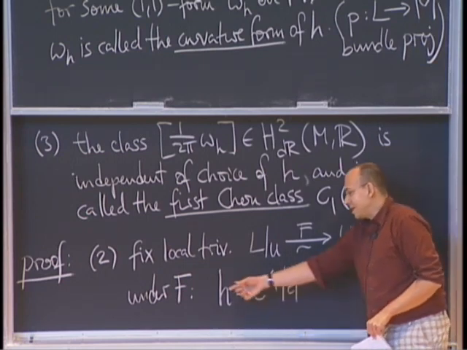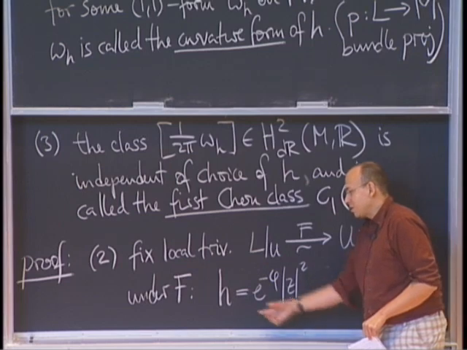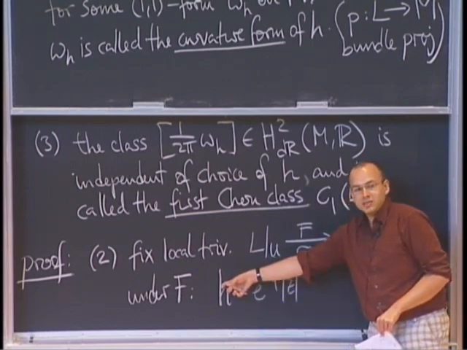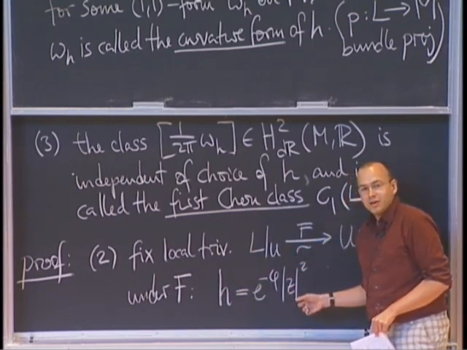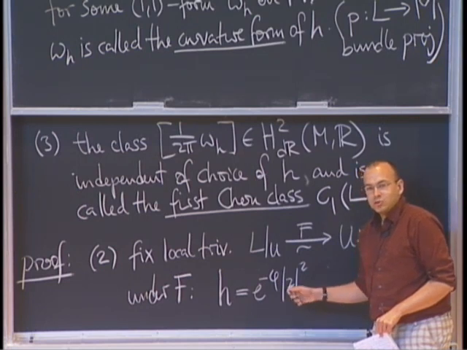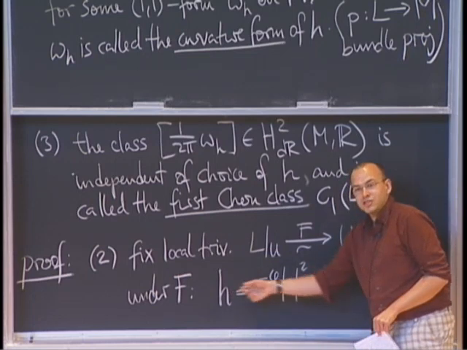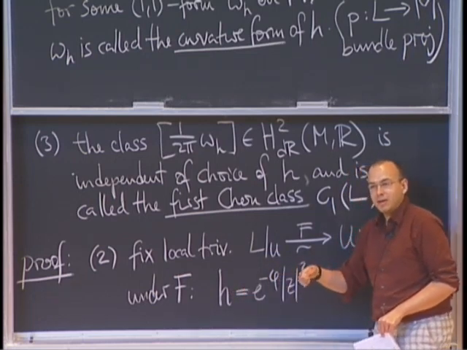H is a Hermitian metric by assumption, so the ratio of the two is homogeneous of degree 0, because both sides scale in the same way if I multiply by lambda.